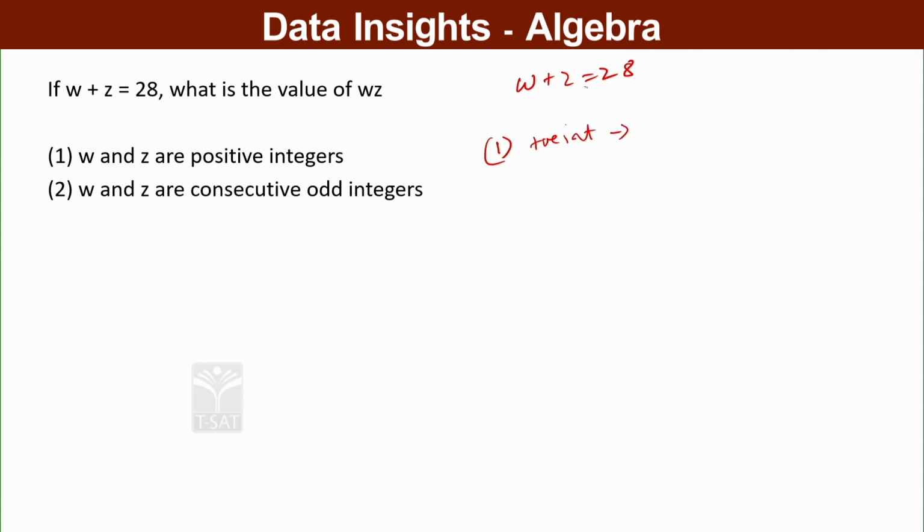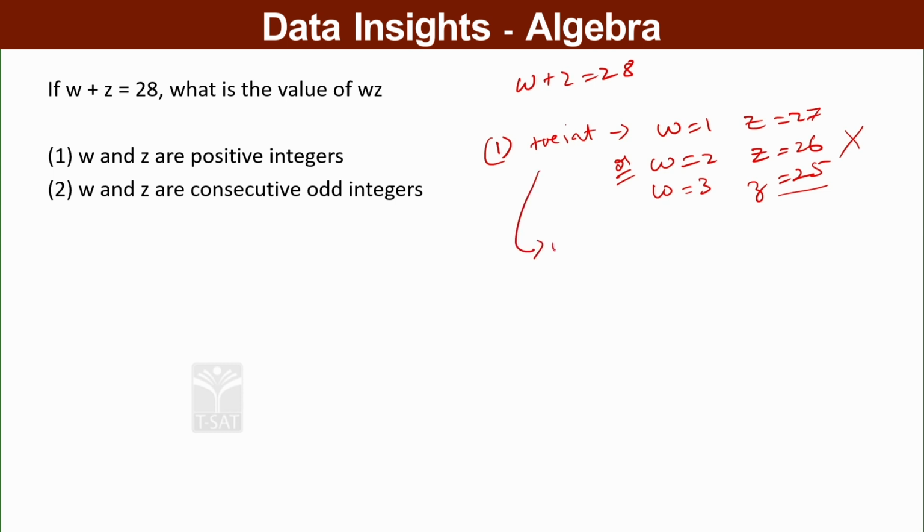So, we can have w equal to 1 and z equal to 27, or w equal to 2 and z equal to 26. We can have many combinations. W equal to 3, z will be equal to 25. So, we cannot definitely say what is the value of wz. So, not sufficient.